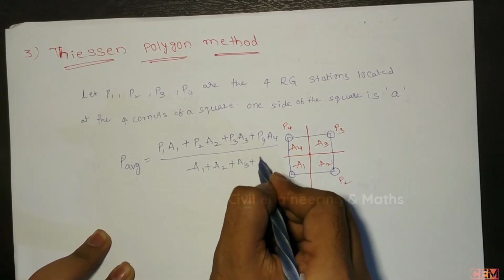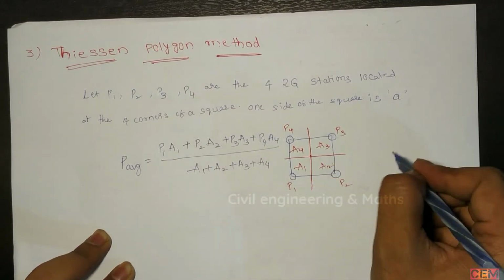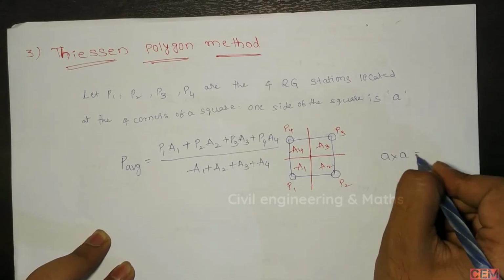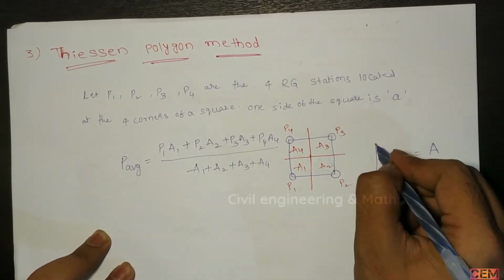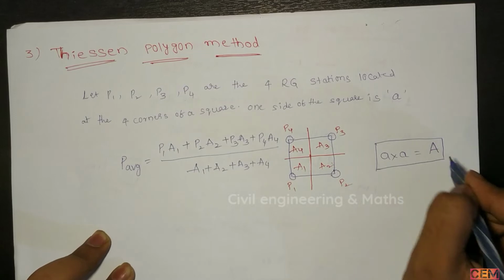A3 plus A4, which means the total area is A into A equal to capital A, the total area of the square.